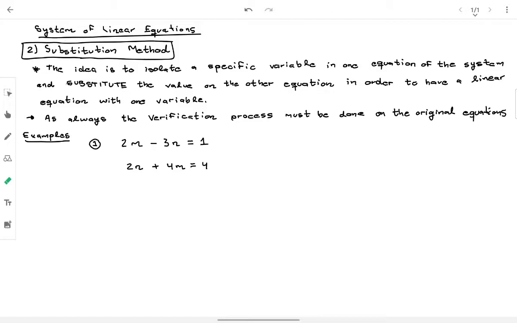We can decide either of the two different variables that we have. We will isolate that one in one equation. You can also decide if you want to do it in the first or the second one of the system.